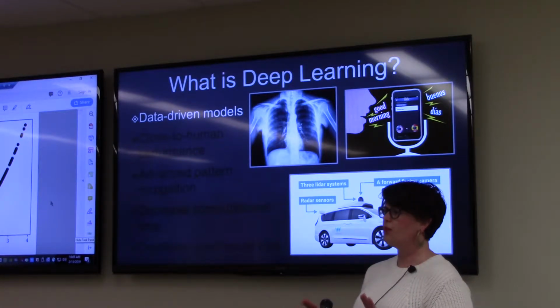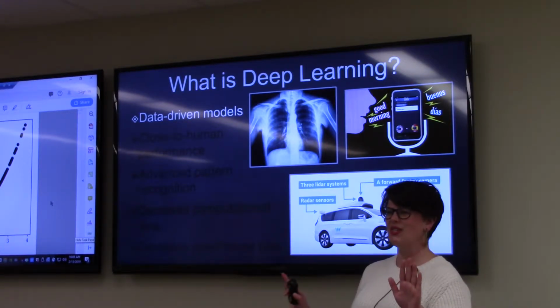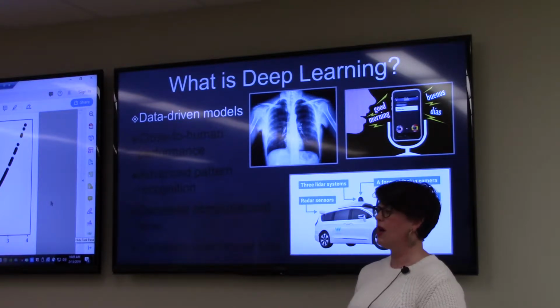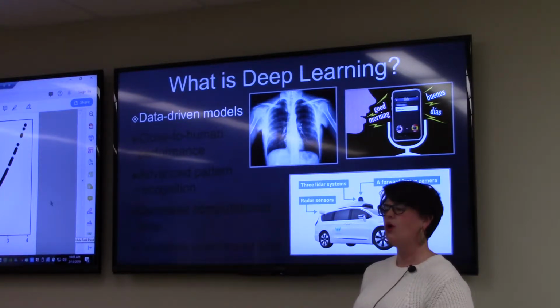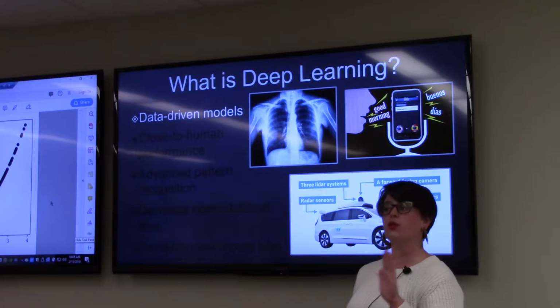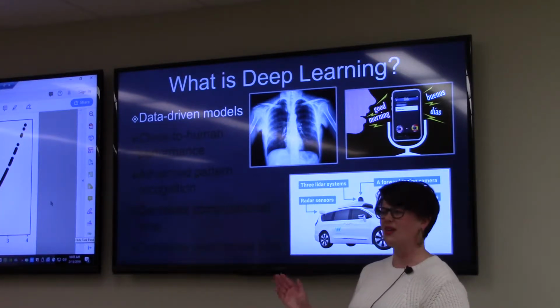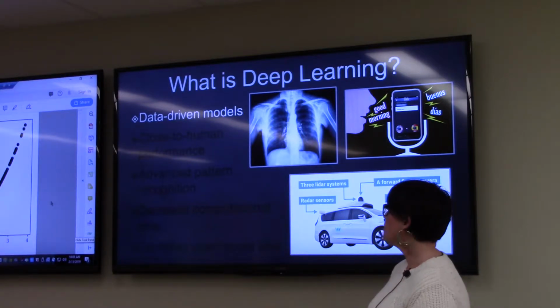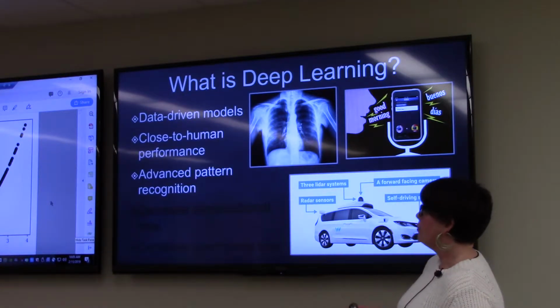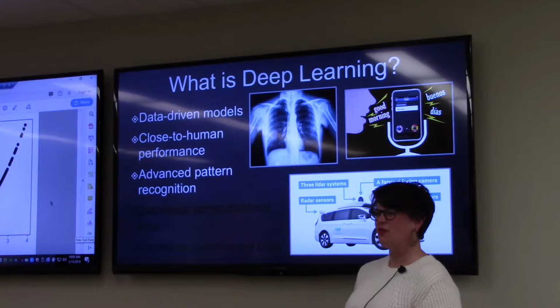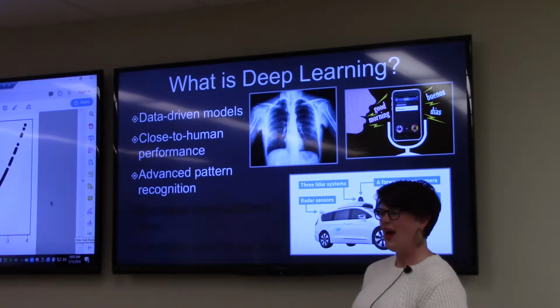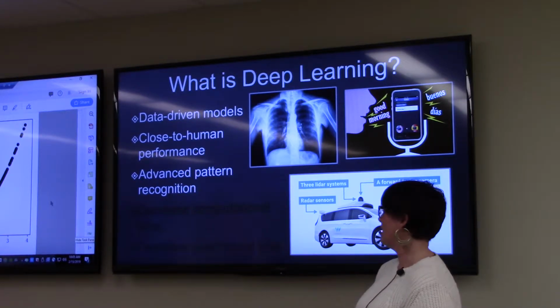And we're showing the computer hopefully enough of those relationships so that it can uncover the underlying mapping from the cause to the effect. So that hopefully, if you have a well-trained neural network, you supply the inputs, or the cause, and hope that you get a predicted effect that is within your acceptable accuracy limits. With enough training, you hope to get close to human performance, and of course that's based on how accurate your training data is to begin with.